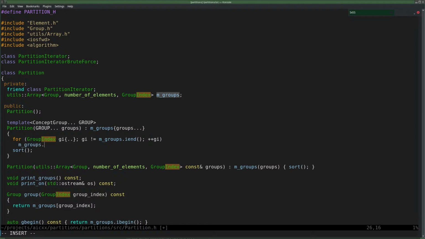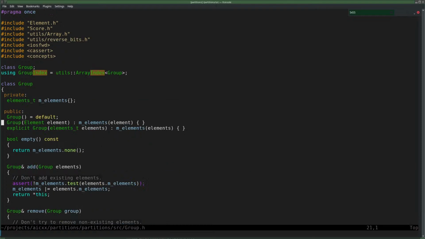And I want to have a default constructed value, or value that is 0. Not even sure how that works. So we have a group. I guess the easiest thing is to just pass elements as a 0.